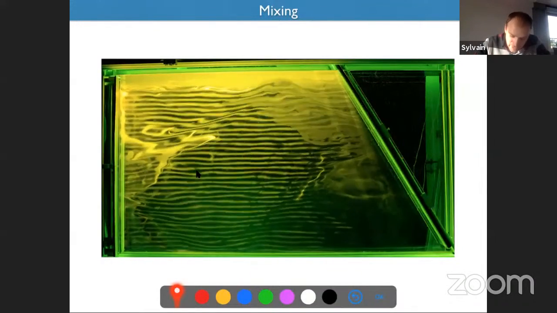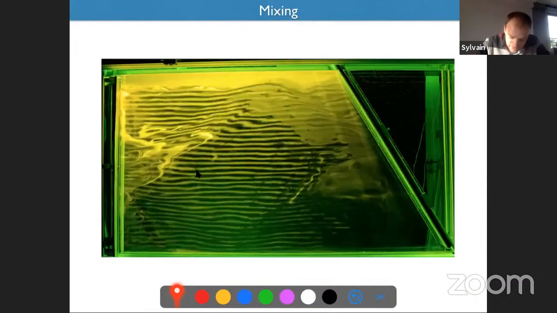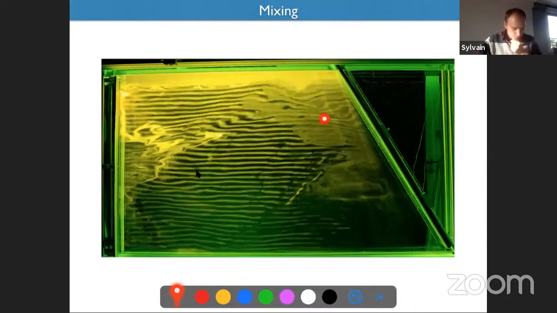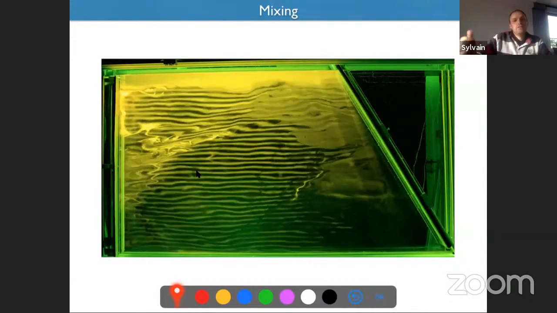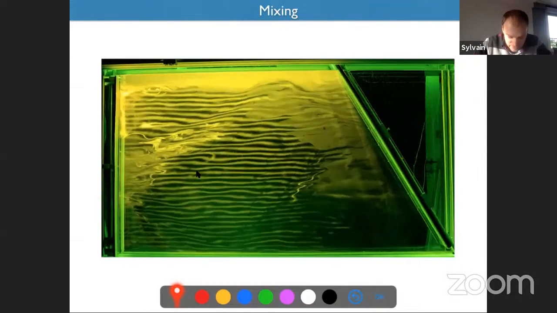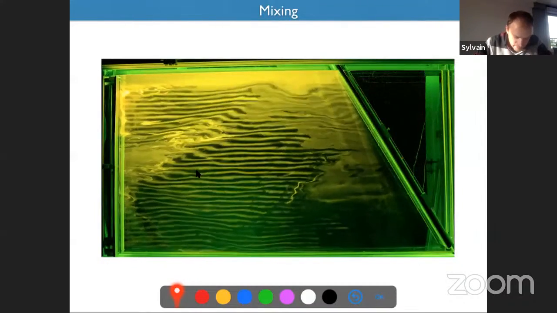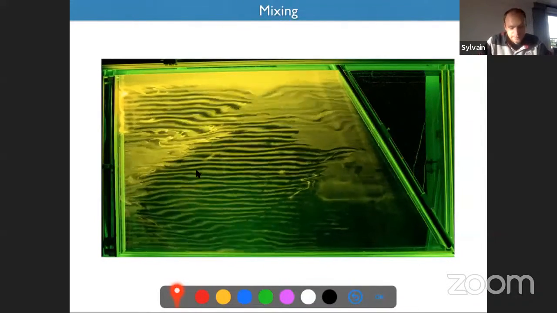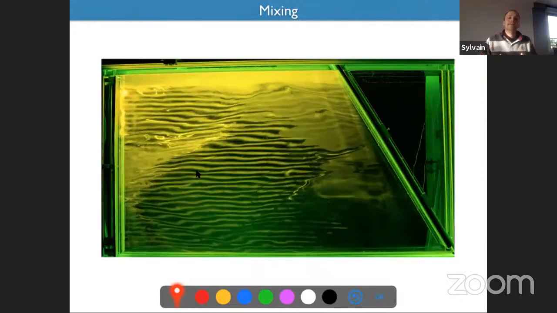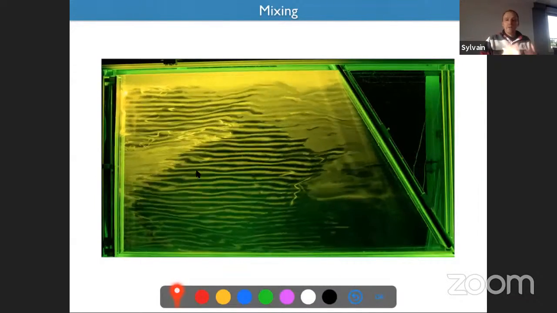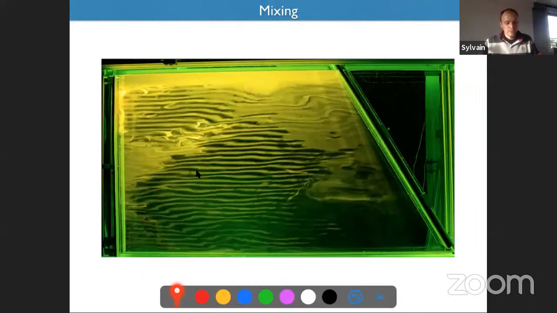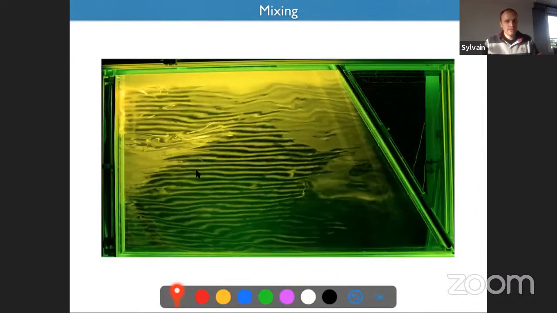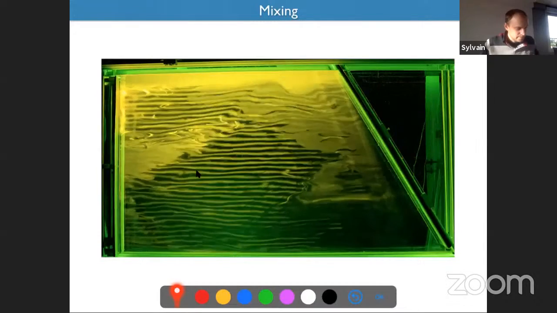And you see that the dye is now diffused everywhere, and you can see here that you have some breaking of waves, and you can see some mixing in many parts of the tank. And that's why I said that at high amplitude, part of the energy that's injected is transferred into a modification of the potential energy of the background, and this is mixing.